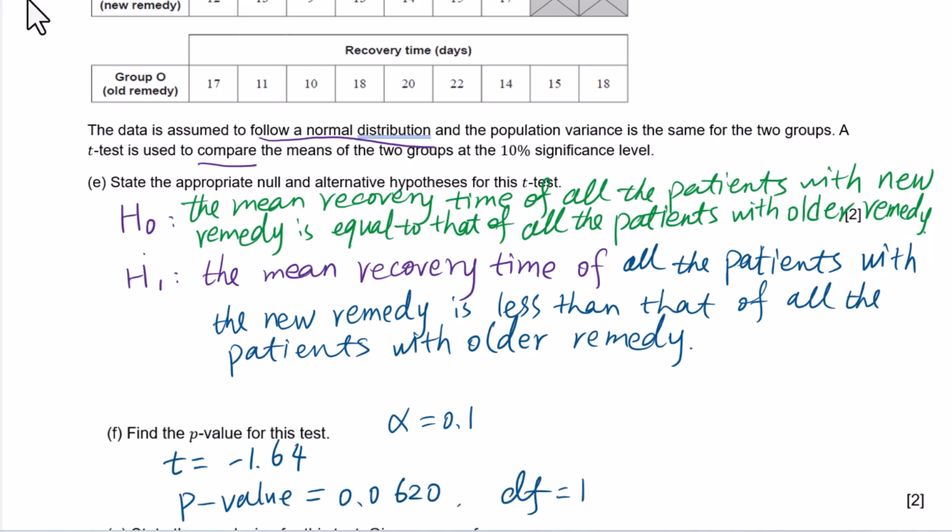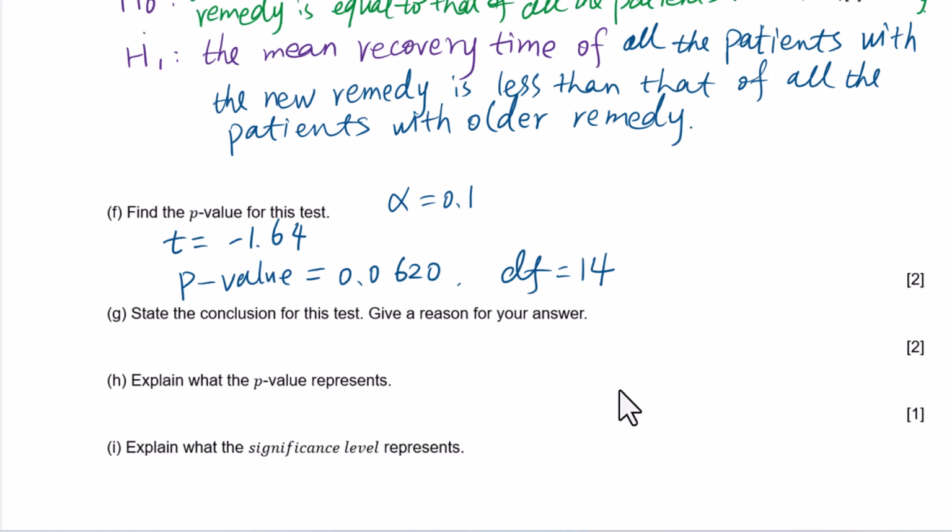State the conclusion for this test. Give a reason for your answer. Here is the rule: reject H0 if the p-value is less than the significance level. P-value is 0.0620, significance level 0.1. Less than.